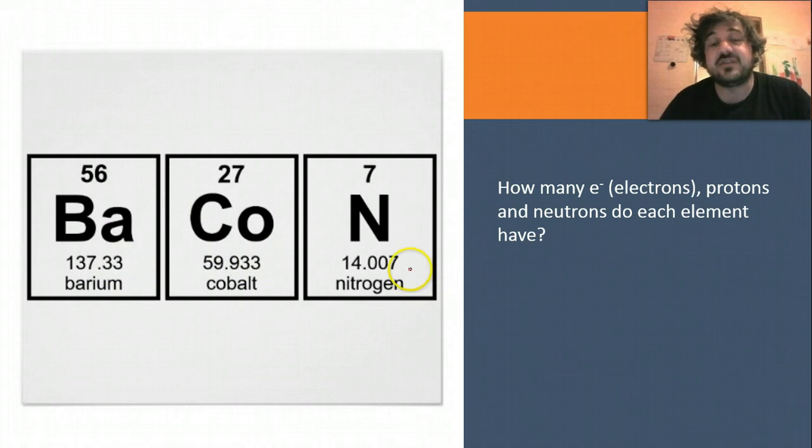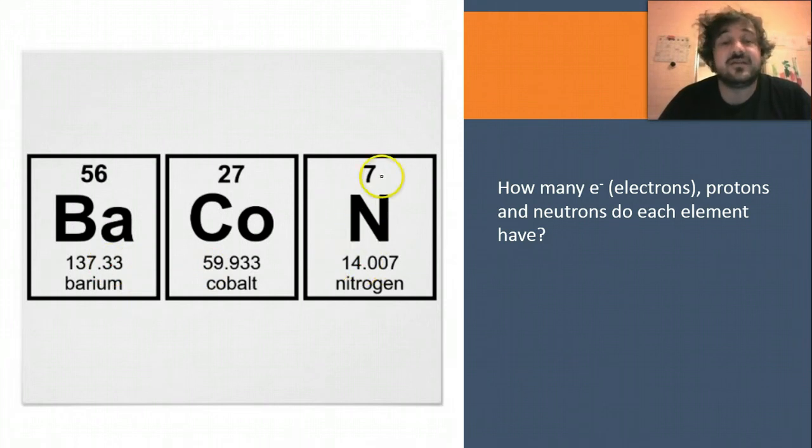We'll start off with nitrogen because it's the smallest. One thing you know is that these are no longer whole numbers. They're averages. So this is the average atomic mass of nitrogen, of cobalt, and of barium. So you round these up or down to whole numbers and you work from there. So this one becomes 60, this one stays at 137, this one stays at 14.